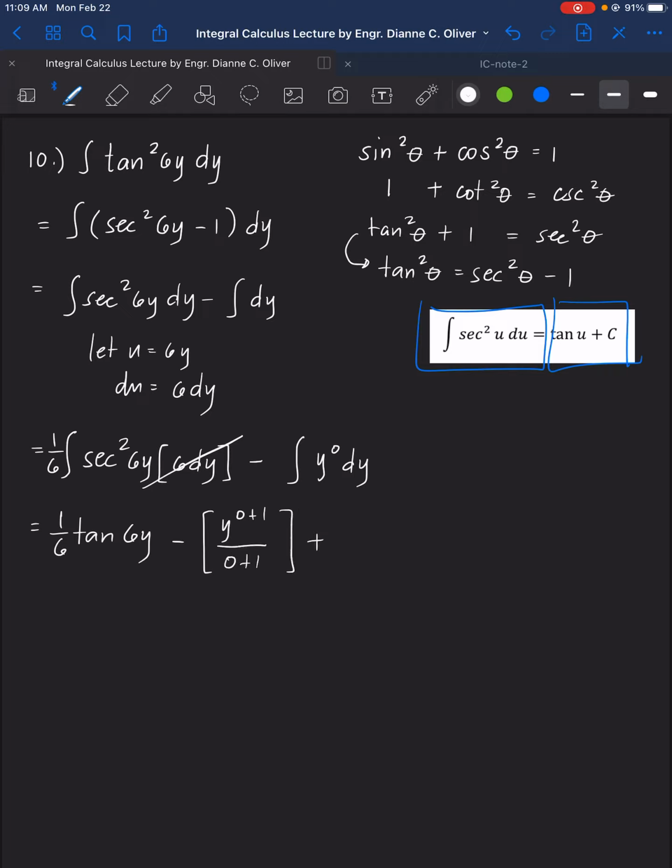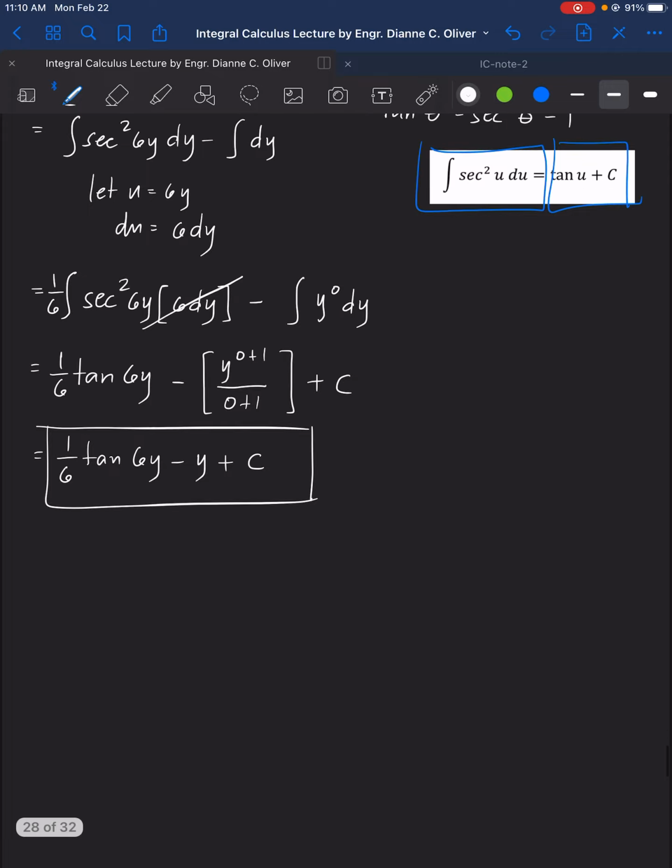Then don't forget plus c. So that is equal to 1 over 6 tangent 6y minus y over 1, or that is y plus c. So that is the final answer.